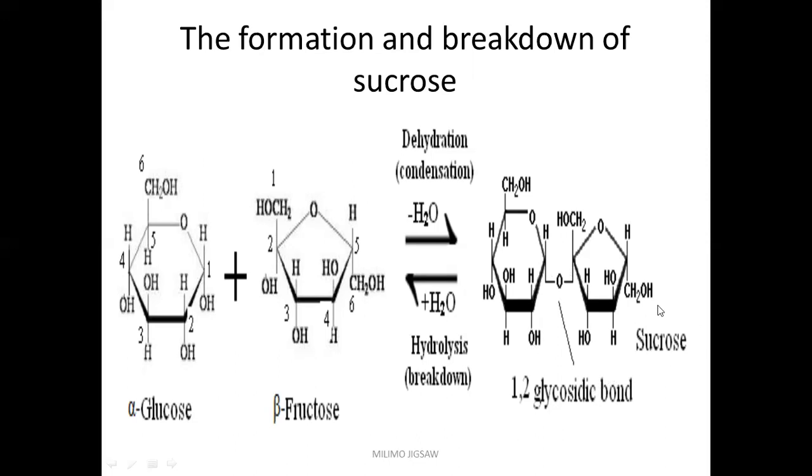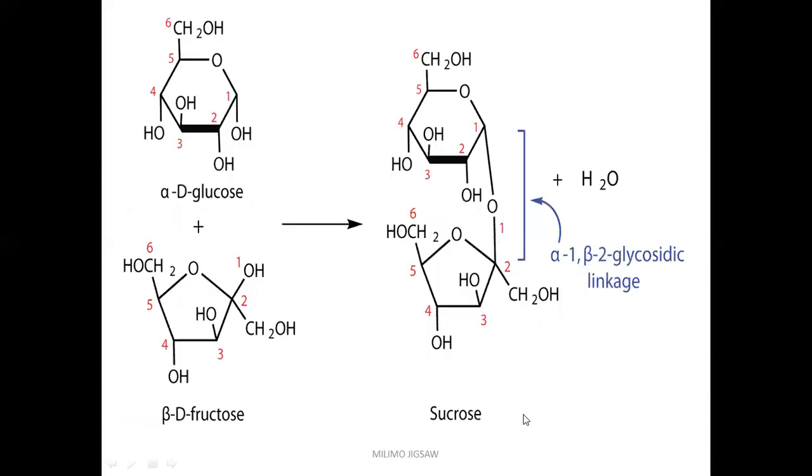When this sucrose molecule is broken down through hydrolysis, it gives us the individual monomers, alpha glucose and beta fructose. So the bond that is formed in sucrose is a 1,2 glycosidic bond.